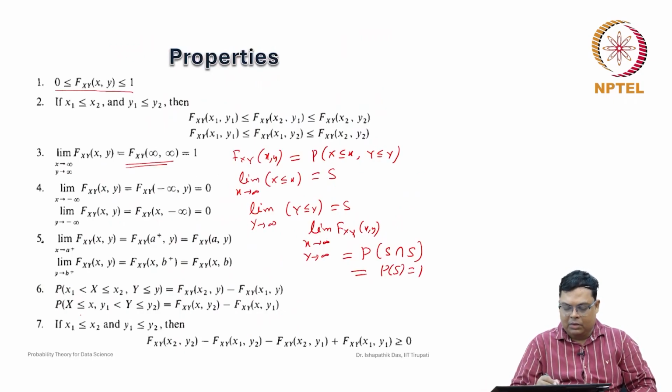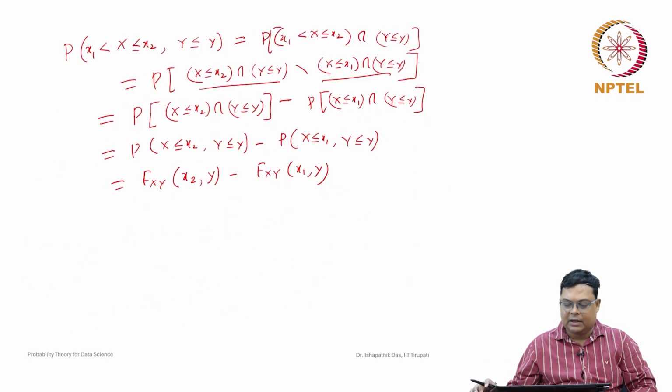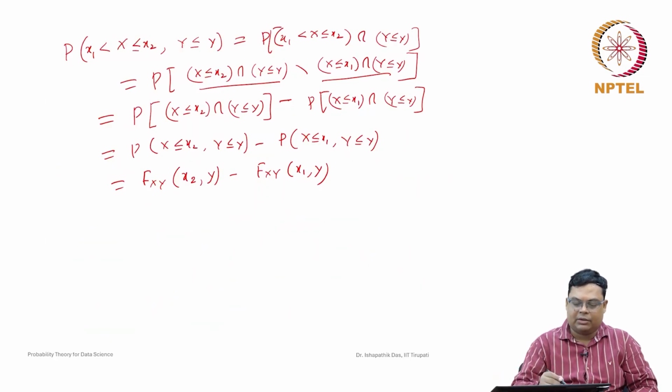So, these things we have already proved. Now, similarly you can prove this other one. So, what is this? This is for the other coordinate: x is any real number and y1 and y2 are two real numbers such that y1 is less than y2.